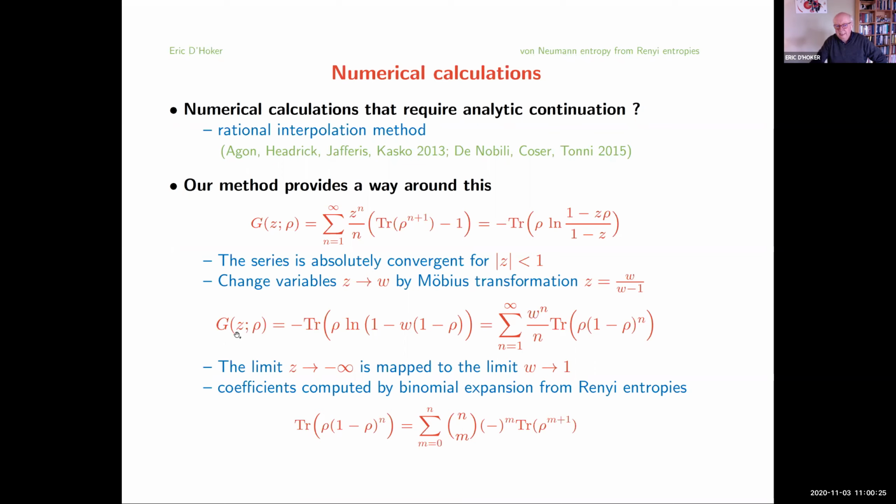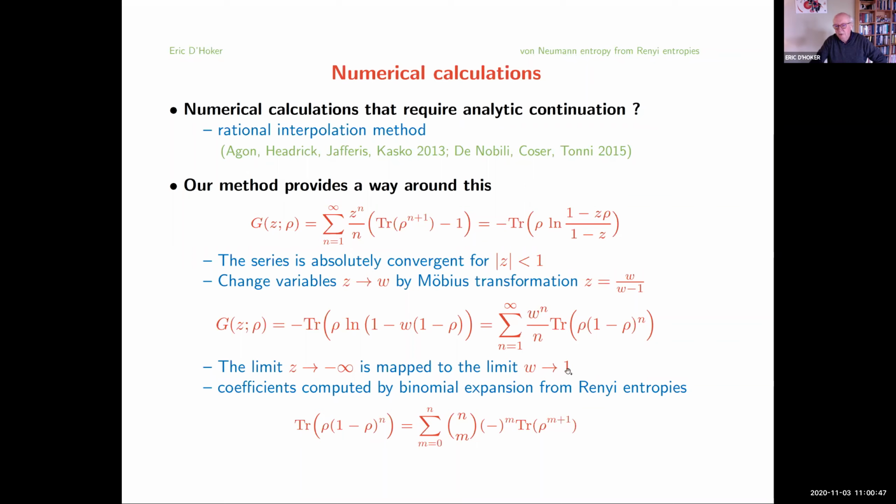In other words, in this series in terms of W, the coefficients are given by the trace of rho times 1 minus rho to the n. This number is positive and smaller than 1 because the trace of rho is 1. And so actually the radius of convergence of this is 1.